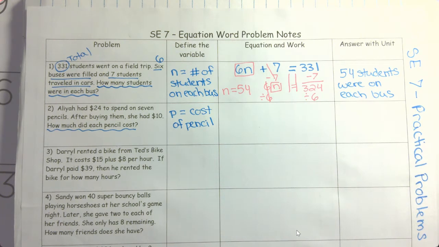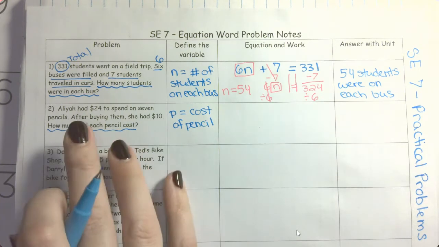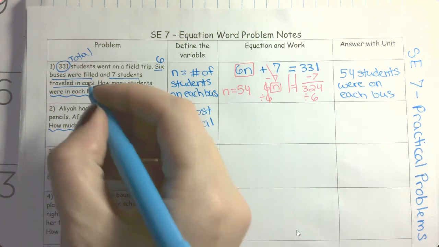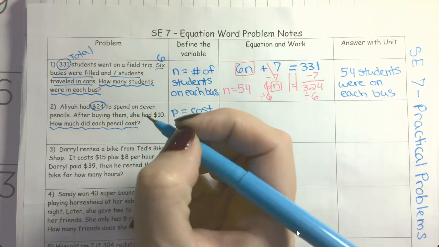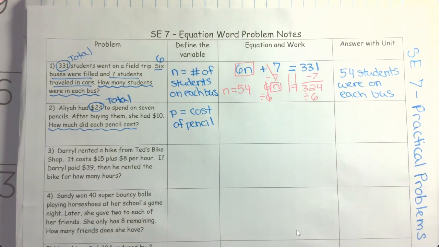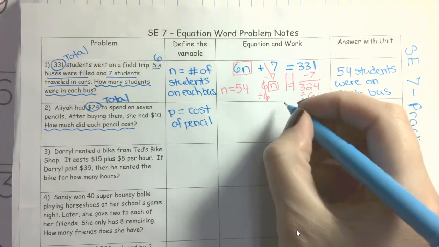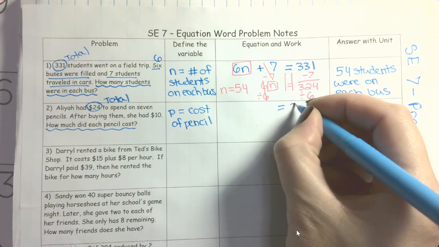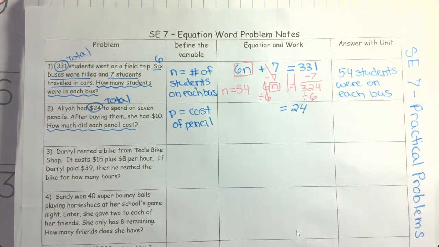Alright, so I want to spot my total because I'm going to figure out what comes together to create my total. So she had $24 to spend. If that's the amount of money that she had total, that's my total. So my other values and operations will come together to equal 24.